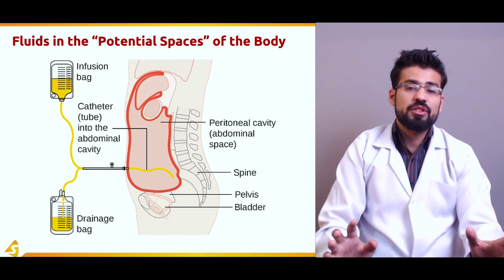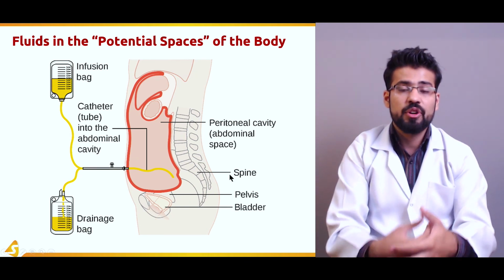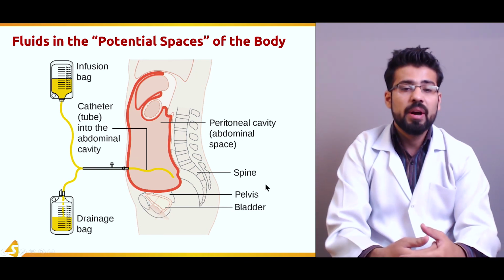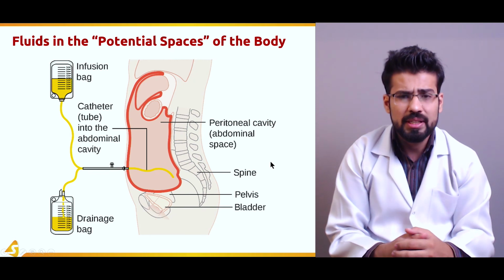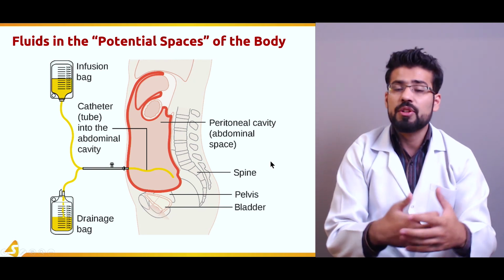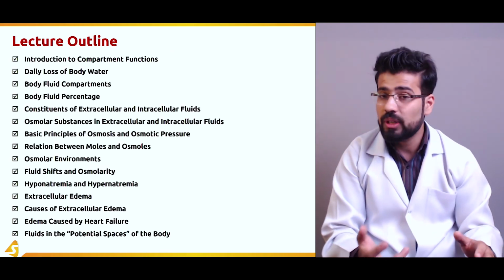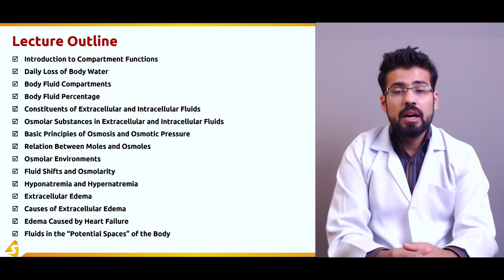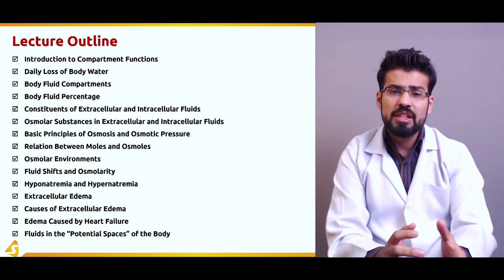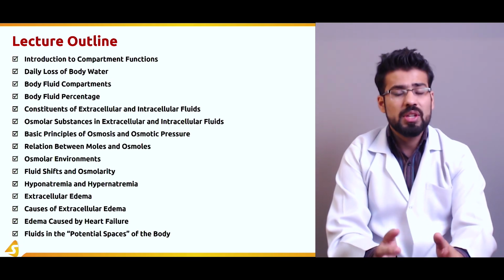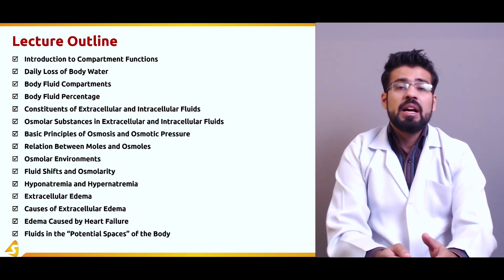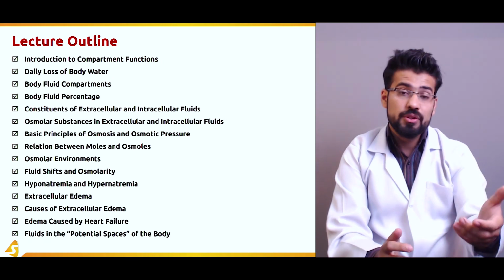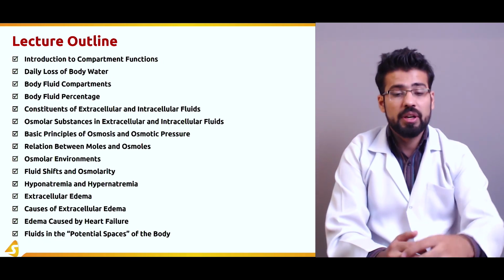In this lecture, to summarize, we discussed the regulation of the body fluid compartments and the body fluid percentages. We discussed the osmolar substances in the extracellular and intracellular fluid. We discussed the different types of osmotic environments, and how these are changed when you add a solution which is either isotonic, hypotonic or hypertonic.